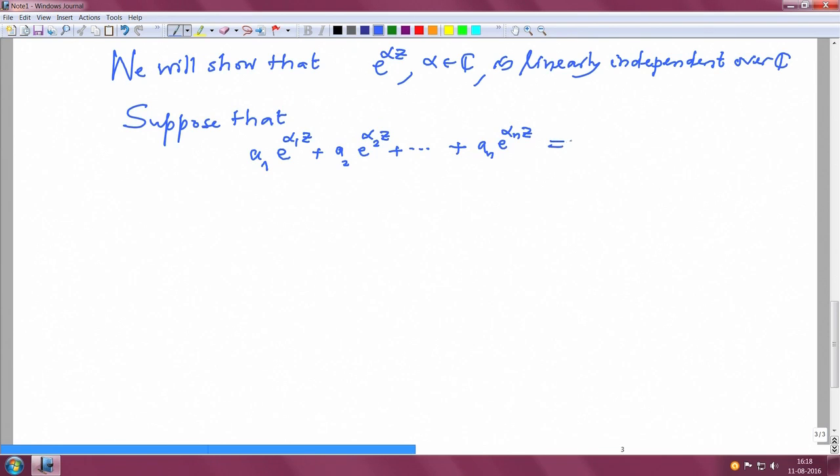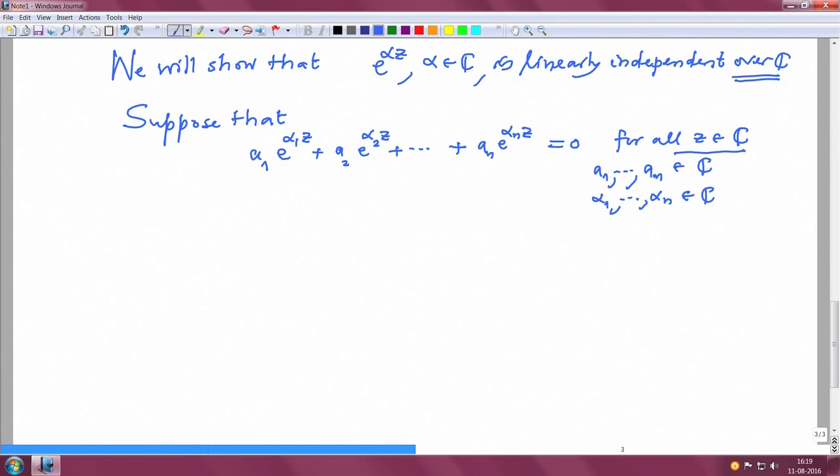This is the 0 function. That means this equality is valid for all z in C, and these a1 to an are the coefficients which are also complex numbers, because we want to prove they are linearly independent over C, and these alpha 1 to alpha n are fixed complex numbers. What is varying is z.